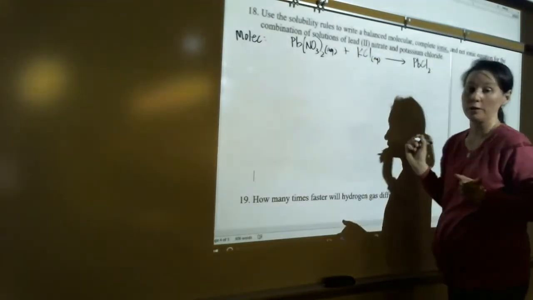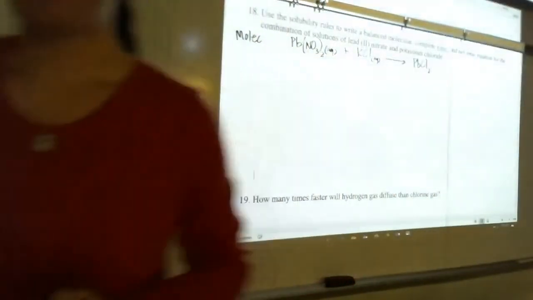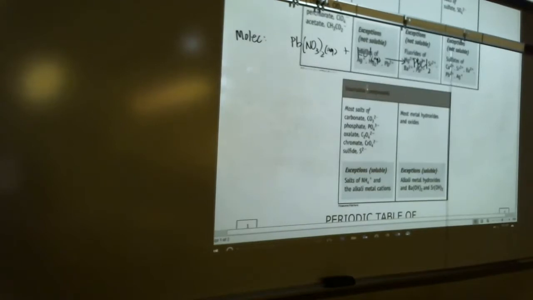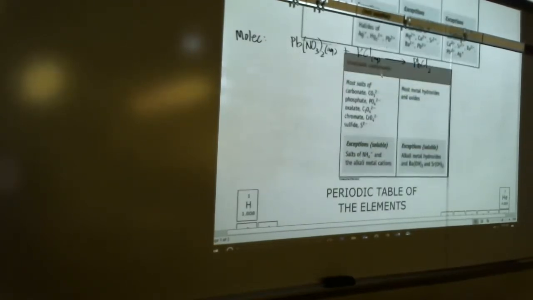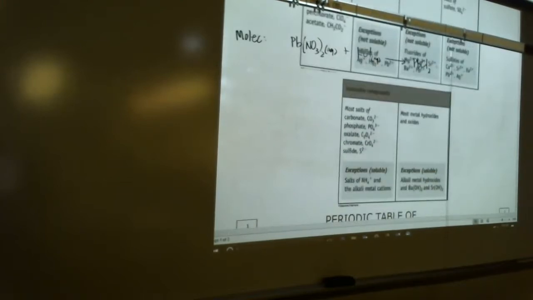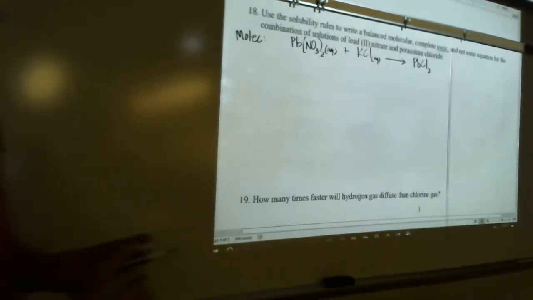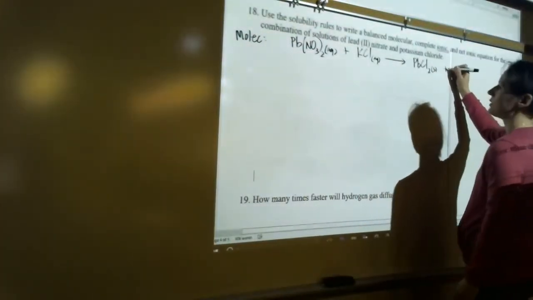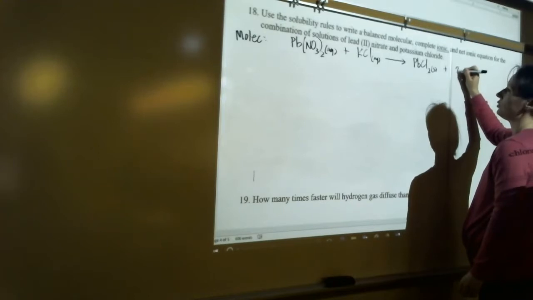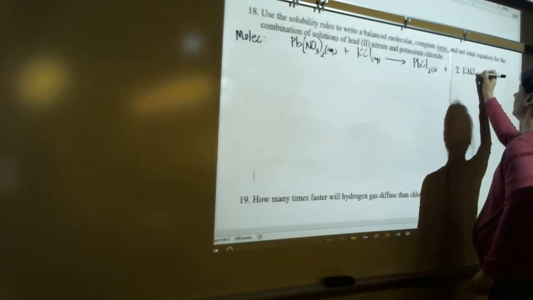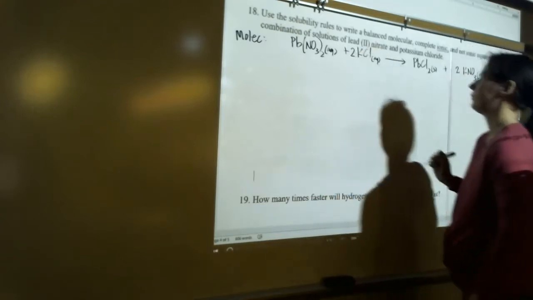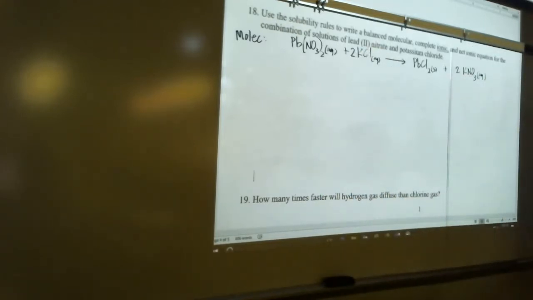If we look at our solubility rules, we'll see that that is a precipitate. Chlorides are all soluble except Pb2+, so that will be a precipitate and needs the subscript s, plus 2KNO3. And so we need a 2 here as well. All right, that's the molecular equation.